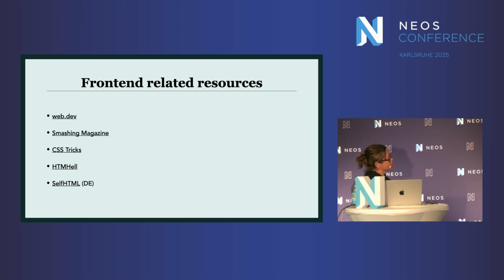HTML is maybe a not so known resource. That's a collection of bad HTML examples. Think of the card implementation earlier. This you can find there, along with advice on how to do better. And if you prefer a more German language, more introductory resource, SELFHTML is also still alive.